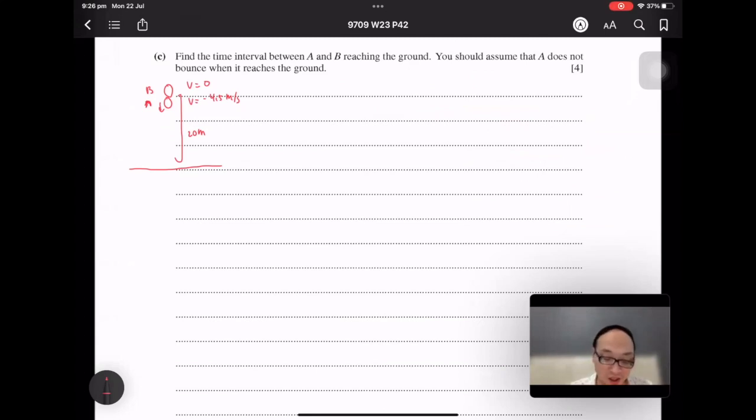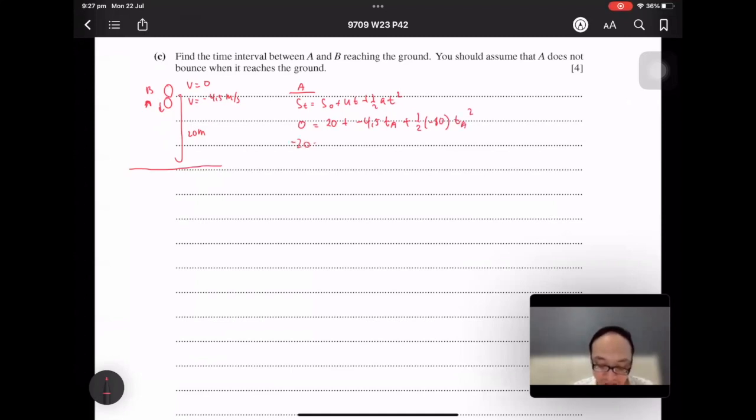So we need to find the time between A and B. I can find A first using the formula s_t equals s_0 plus ut plus half at squared. So s_t will be the final position at the ground, s_0 will be the initial, 20, plus u, which is negative 4.5, times t_A, plus half times negative 10 t_A squared.